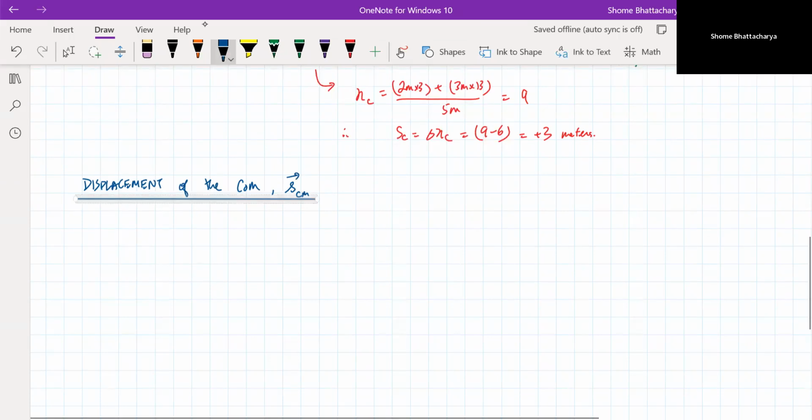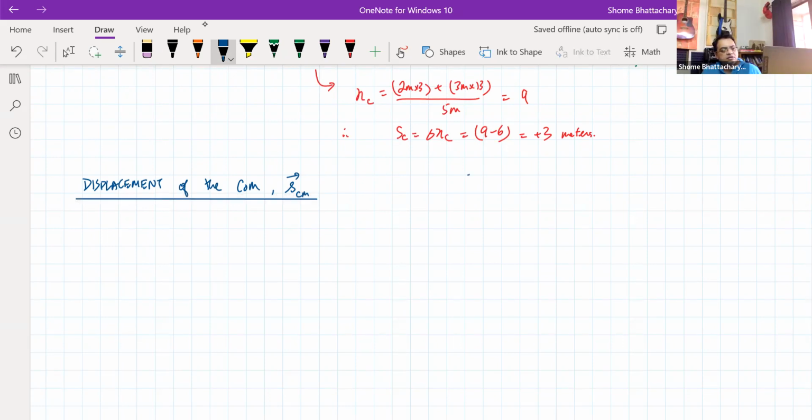We know that in general, displacement is equal to change in position, or displacement during a certain interval of time is the final position minus initial position.